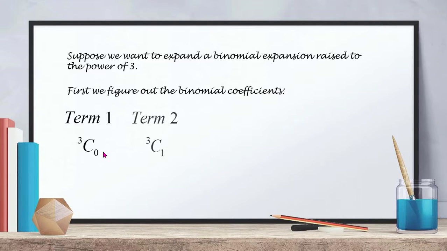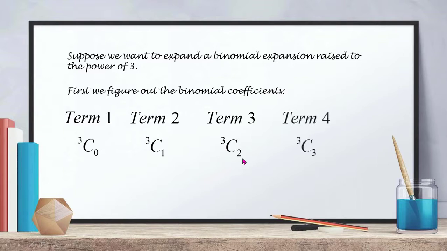For the second term, it is 3 combination 1. For the third term, it is 3 combination 2. And for the fourth term, the binomial coefficient would be 3 combination 3.